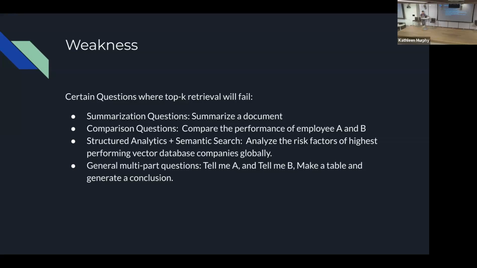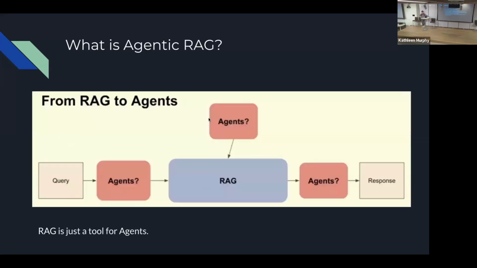And the fourth failure it may have is for a very general multi-part question. For example, we ask the RAG to tell me A, and then tell me B, and I want it to make a table and summarize it for me. Then it's gonna fail. So how can we help with it, right?